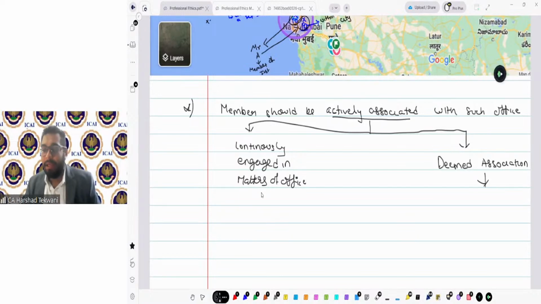That is applicable when the member resides in the place where the office is situated for a period of not less than 182 days, or he attends that office for a period of more than 182 days. In that case we can call the member actively associated.